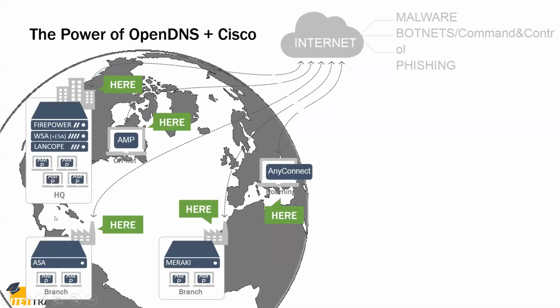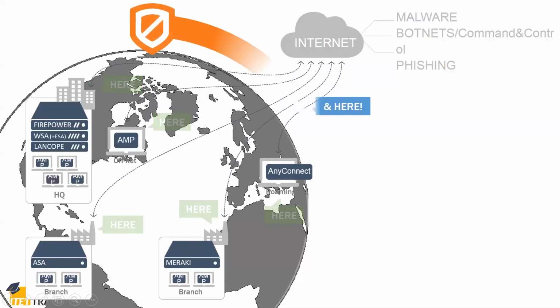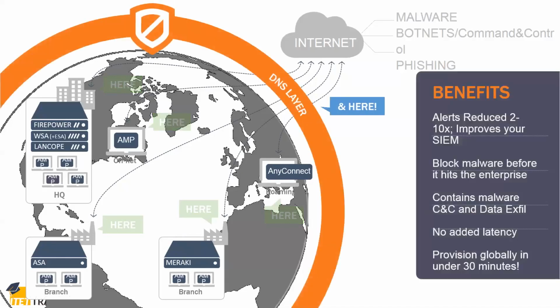Then if you go to the branch office, you have the endpoint security and ASA with the next generation firewall. If you go to the branch office where you have the Meraki firewall, inside you have the endpoint security. And if you go to the roaming user, that's a laptop which is out of your network, then you have the AnyConnect. So all of this is again using the DNS layer.